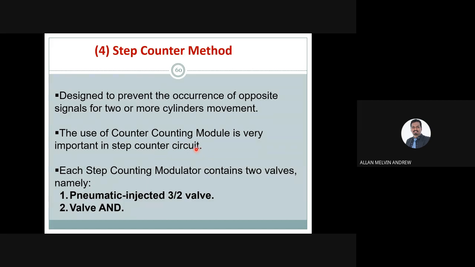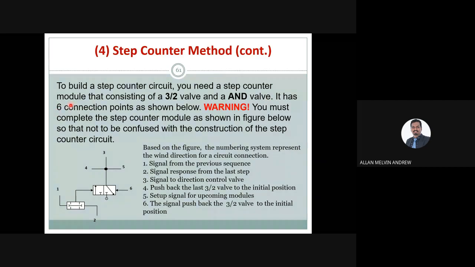Let's see how the step counting module is formed. To build a step counter circuit, you need a step counter module consisting of a 3/2 valve and an N valve. This is an N valve, this is a 3/2 valve.